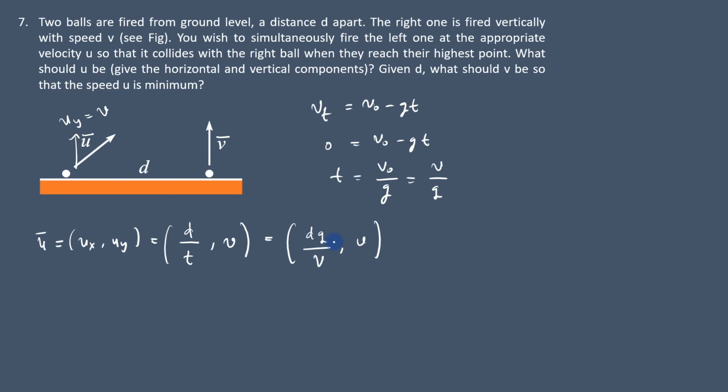Okay, this is the vector quantity of u in two directions. Hence the value or magnitude of this vector, as a scalar quantity, is the square root of (dg/v) squared plus v squared.